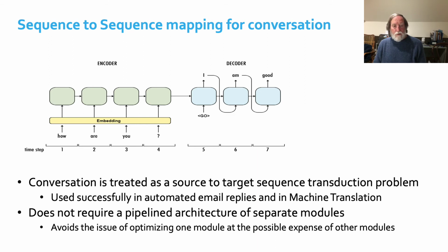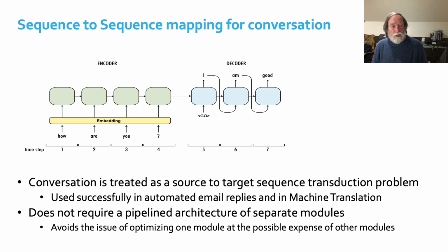So for example, in automated email replies and also in translation. But to date, there are still lots of problems that occur in trying to apply this approach to natural conversation. One of the advantages, however, is that it does not require the pipelined architecture that has traditionally been used for conversational systems, where you have separate modules and information has to pass between them through a pipeline.